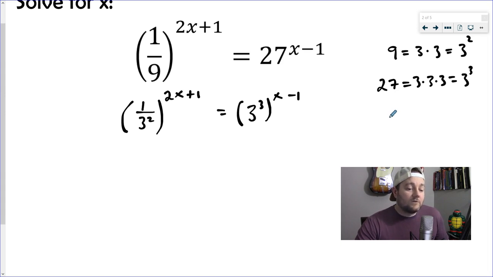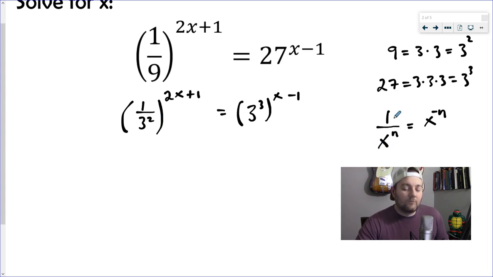So one of the exponent rules that I teach my students is that if we have an exponent on the bottom, let's just say x to the n, then we can take that to the top and make it x to the negative n. And the opposite, of course, works in reverse anytime you want to do that. So I have a 3 squared on the bottom, just like my x to the n.